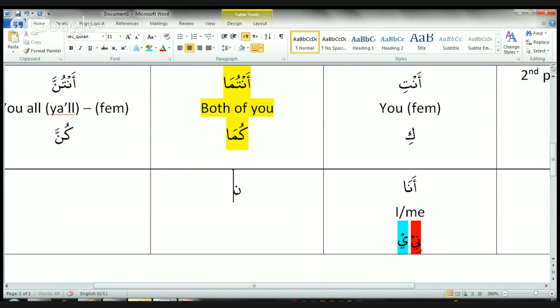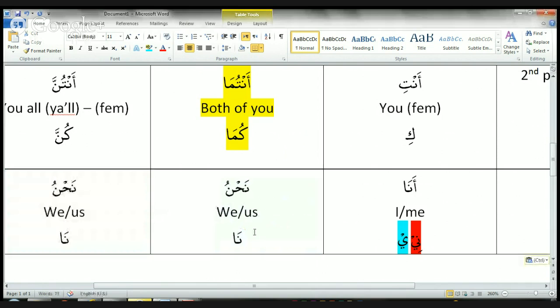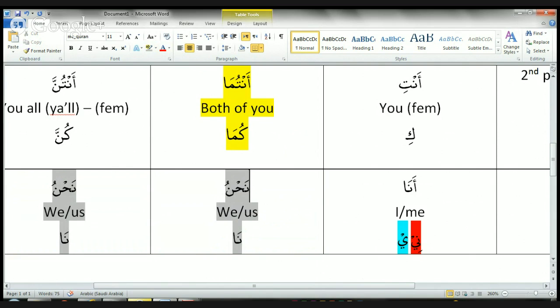And the last pronoun, nahnu, which means we or us. And the attached, yeah, for dual and for plural. It's used for both.